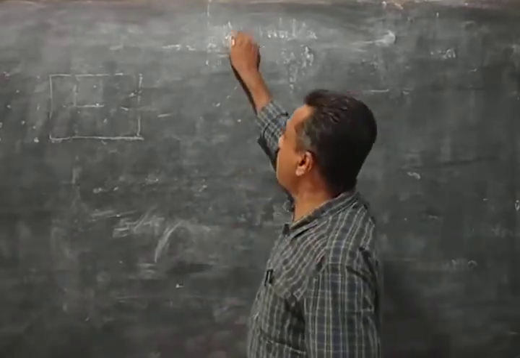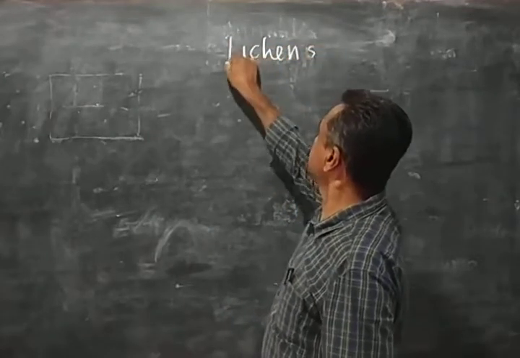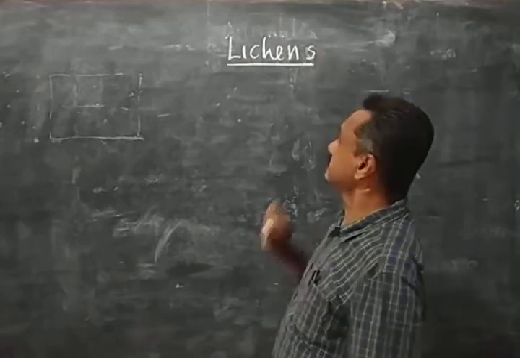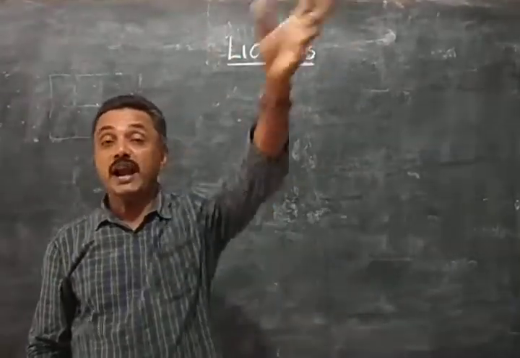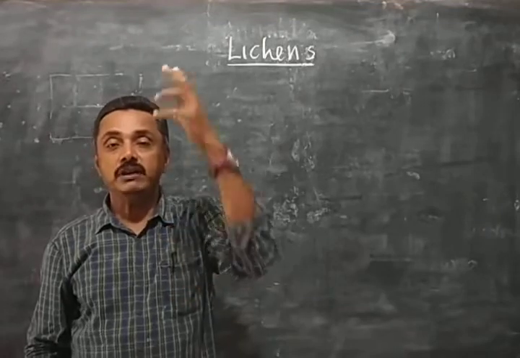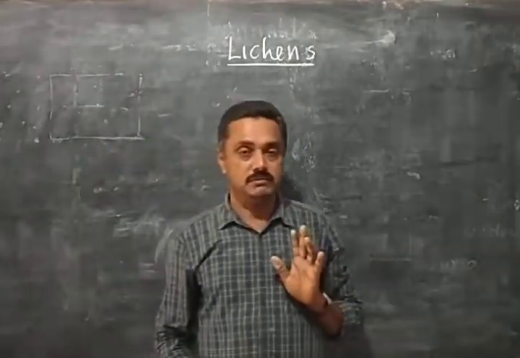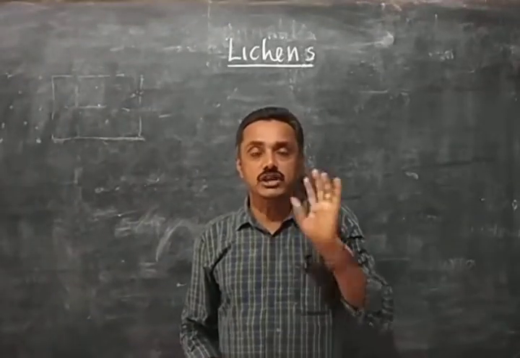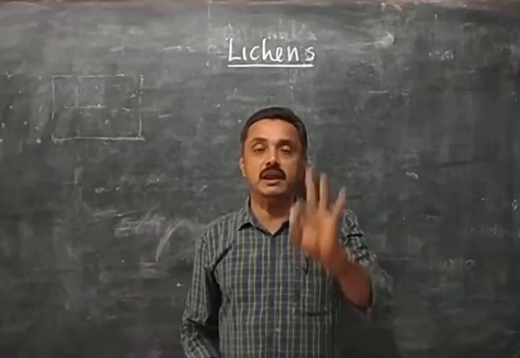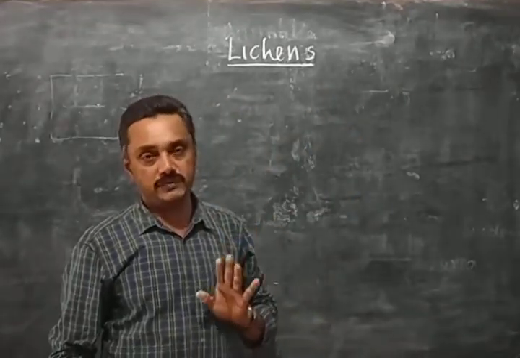The first group of organisms is called lichens. I think it is not familiar for you. A group of organisms having plant characters is called lichens. And Whittaker did not include lichens under any kingdom. That is a mistake of Whittaker's classification.